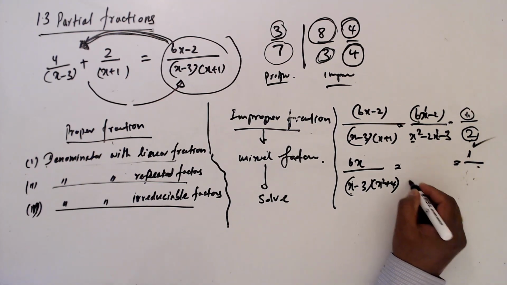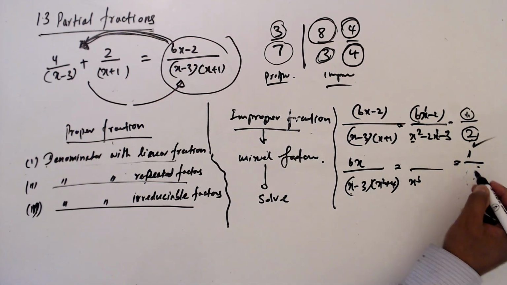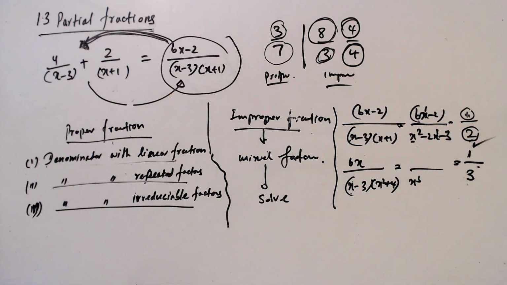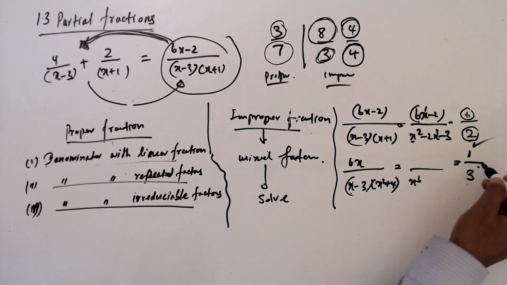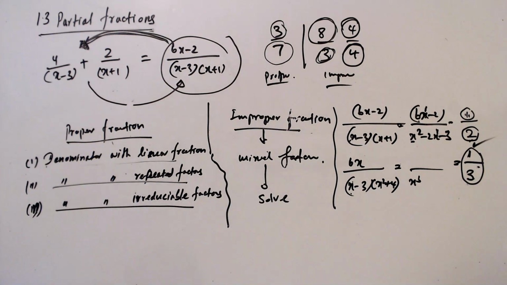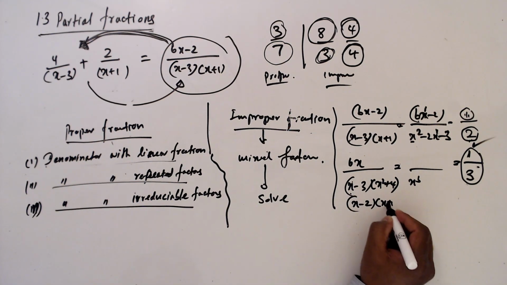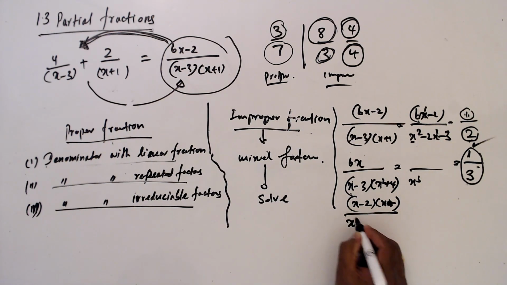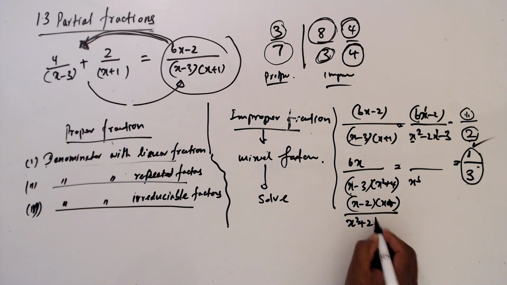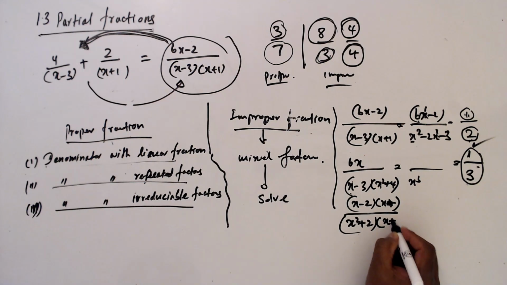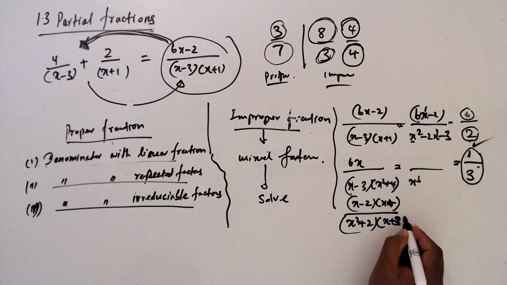So 3 is the highest value. Now 1 over 3 is proper or improper? It is a proper fraction. How about this one: x minus 2 times x plus 1 over x square plus 2 times x plus 3?